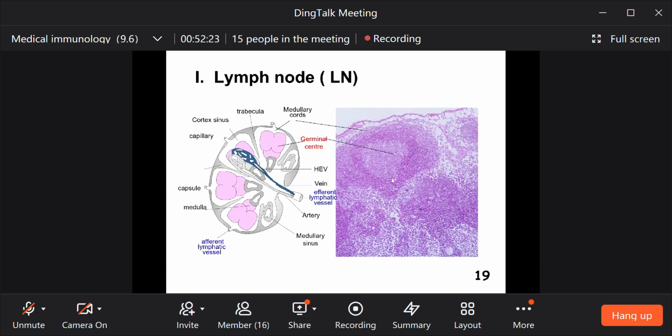This allows the lymphocytes to access as many of the lymphatic cells as possible. In the lymph node, there is a dense packing of immune cells such as macrophages. So we can see the lymph node is just like a filter for the lymph liquid.